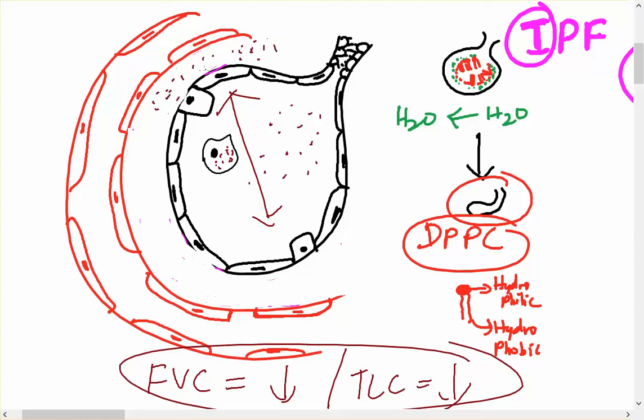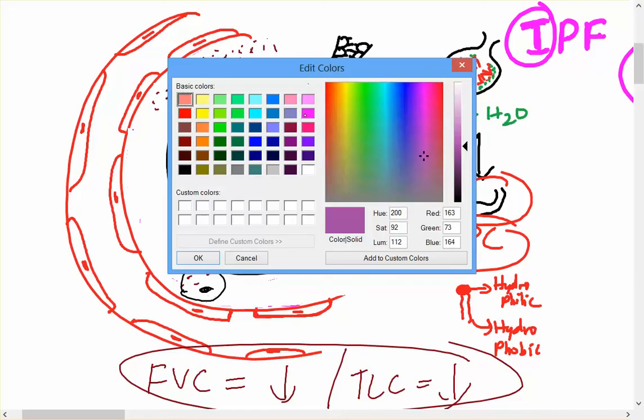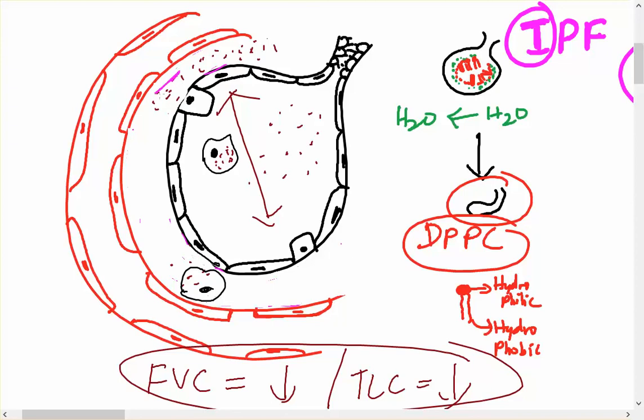Now the macrophage in the interstitium also takes the coal and this macrophage gets stimulated. They go for chronic inflammation, right? And they produce our old story, fibrosis.